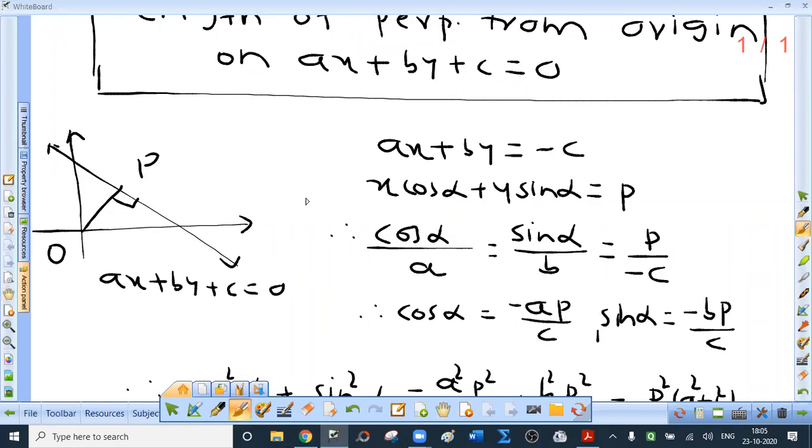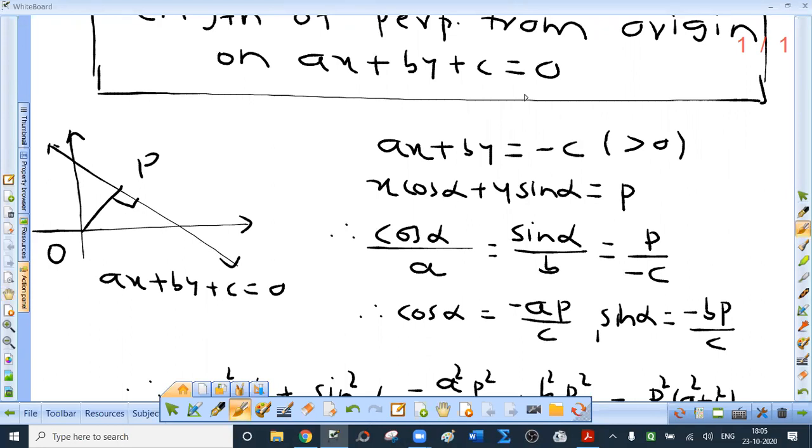Now given line is ax plus by plus c equal to 0. I write this as ax plus by equal to minus c. I assume that this is greater than 0. If this is not greater than 0, then I will have to write this as minus ax minus by. But anyway, we are going to consider modulus at the end.